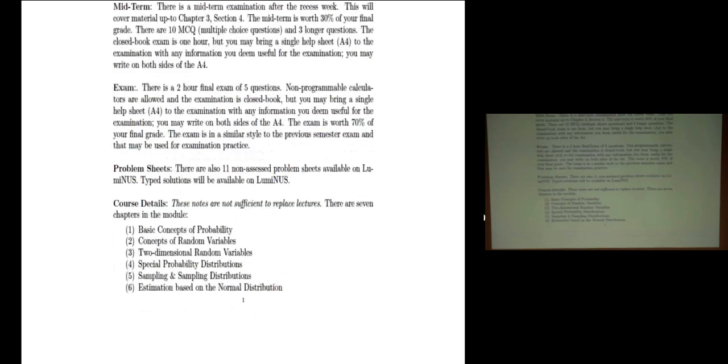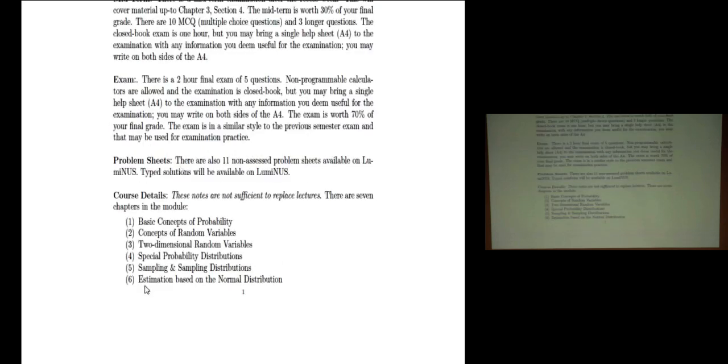Okay, so what's this course about? Well, it's probability and statistics. It's probability and statistics 101, essentially the most basic way you can learn probability and statistics quantitatively at the undergraduate level. There are 7 chapters. We would hope to be roughly up to chapter 4 by the halfway point of the course.